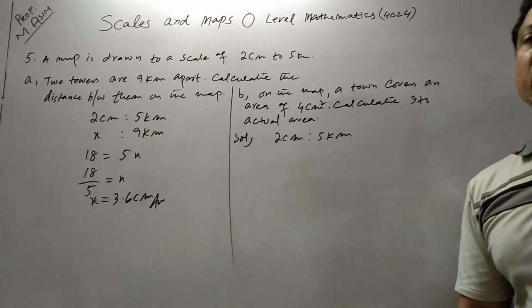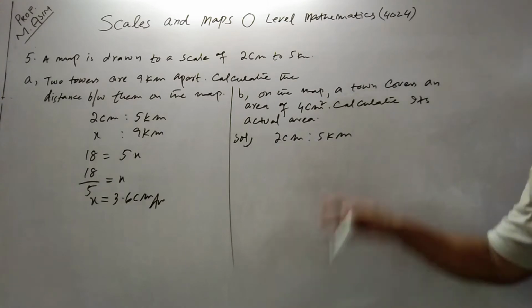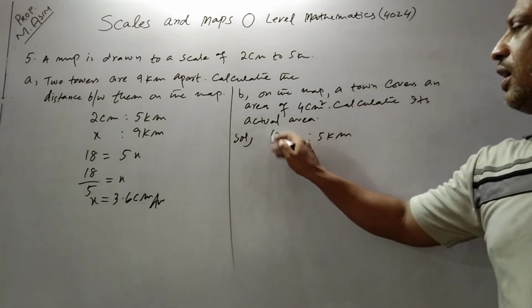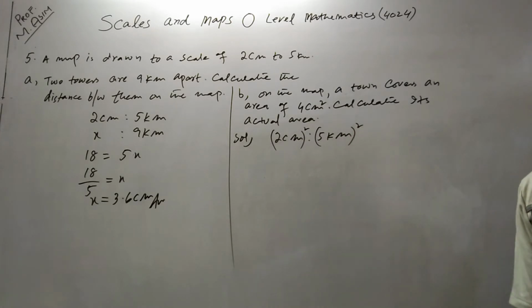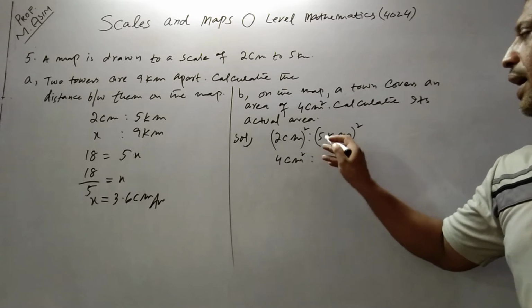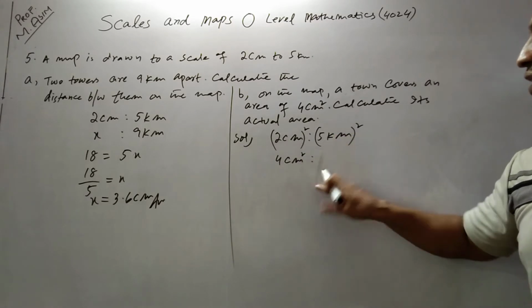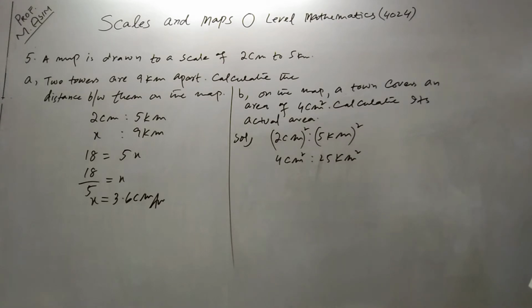But here we need to convert this linear scale into area scale because the requirement is to find the area. How to convert linear scale into area scale? Just squaring on both sides. So 2 square is 4 centimeter square and 5 square is 25 kilometer square.